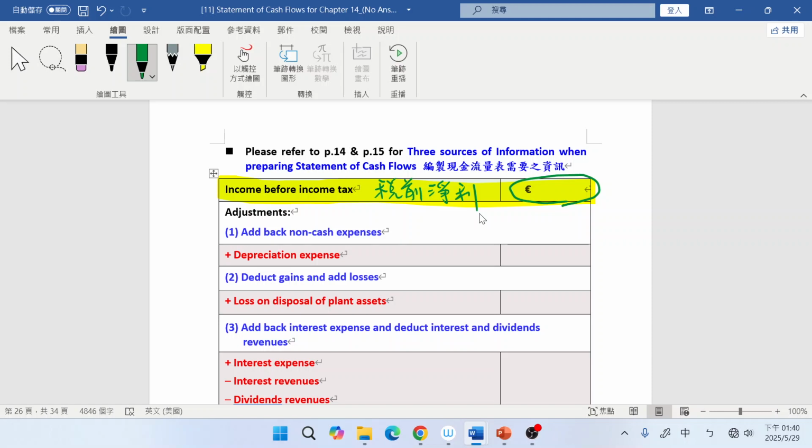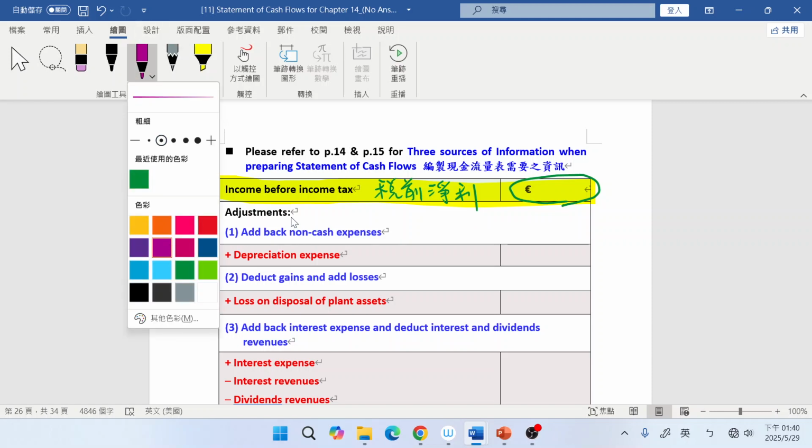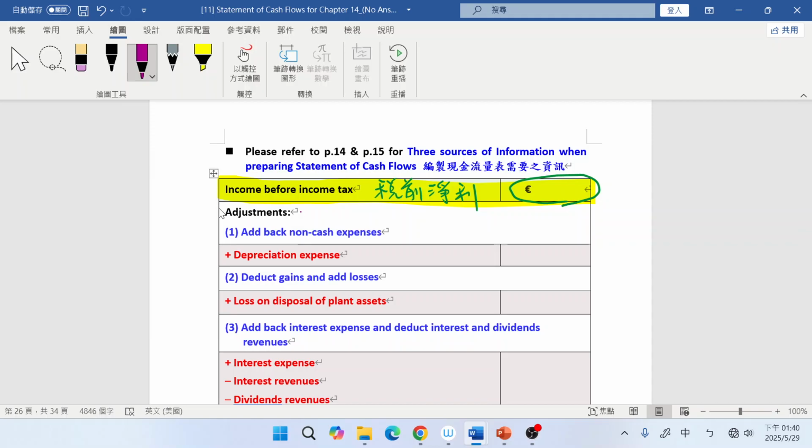So what's our step 1? Exclude non-cash items, right? So what are our non-cash items? Right here. So this is our step 1. Exclude non-cash items. Okay? After that, what's our step 2? We want to exclude 2 big guys' items, right?